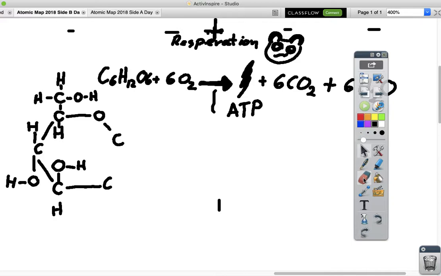Change it up a little bit. What are we going to draw after you guys get your sugar drawn? The O's, okay, our oxygens.